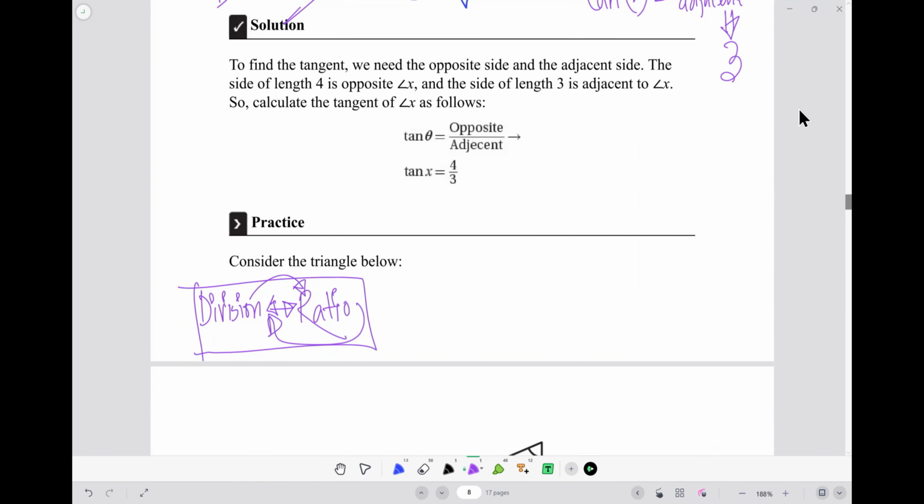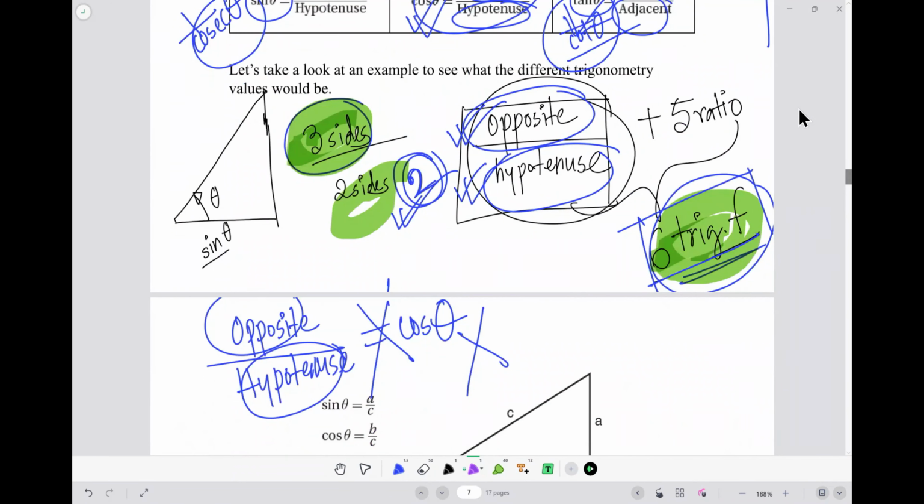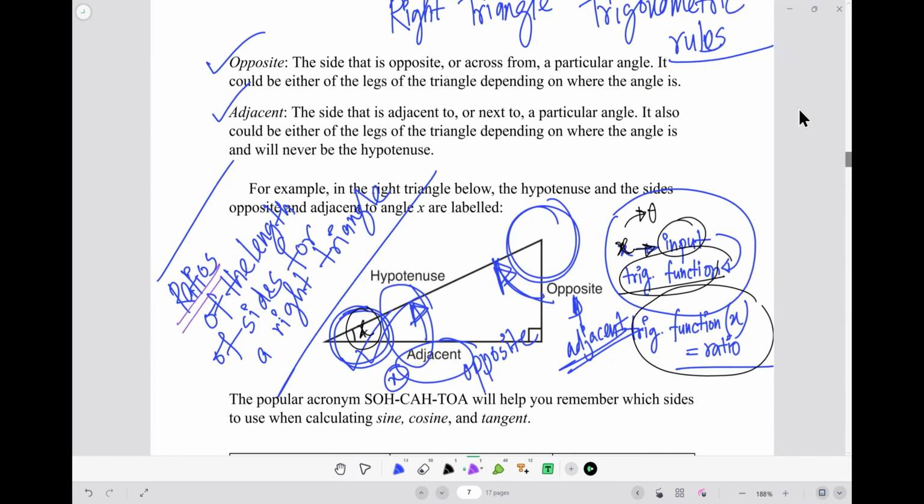Dividing A by B is a ratio, and that's why you are dividing. A trigonometric function is basically a ratio, a ratio of the lengths of the sides of a right triangle.